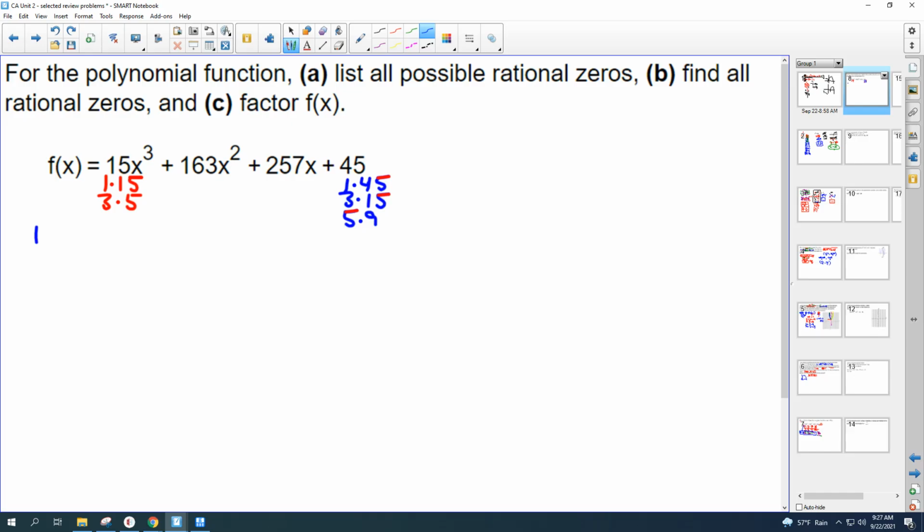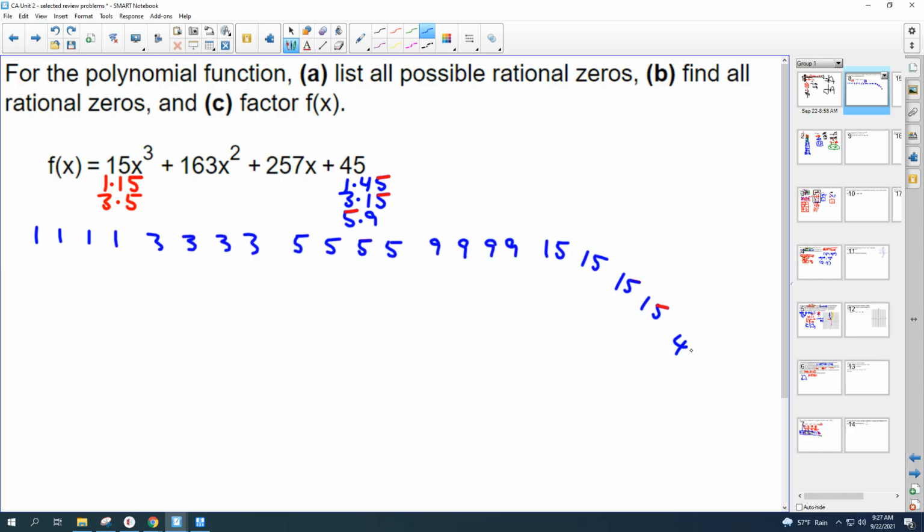So the factors of 45 are 1, 3, 5, 9, 15, 45. I've got to take all the blue ones divided by all the red ones.